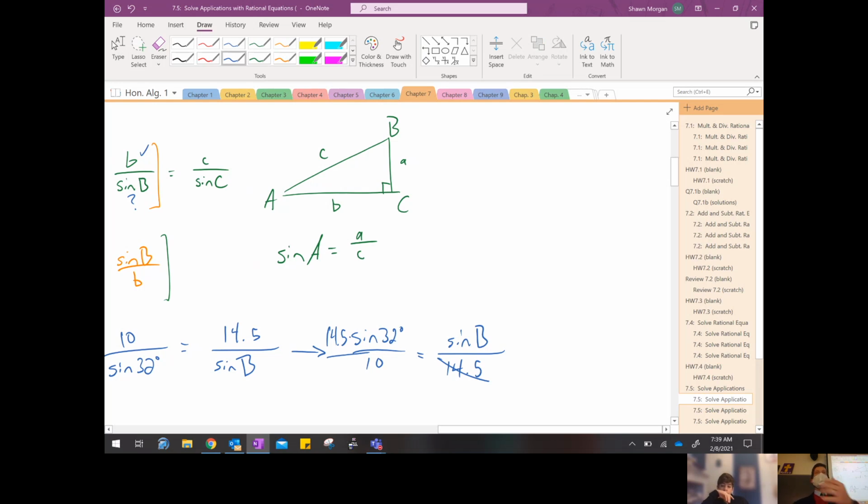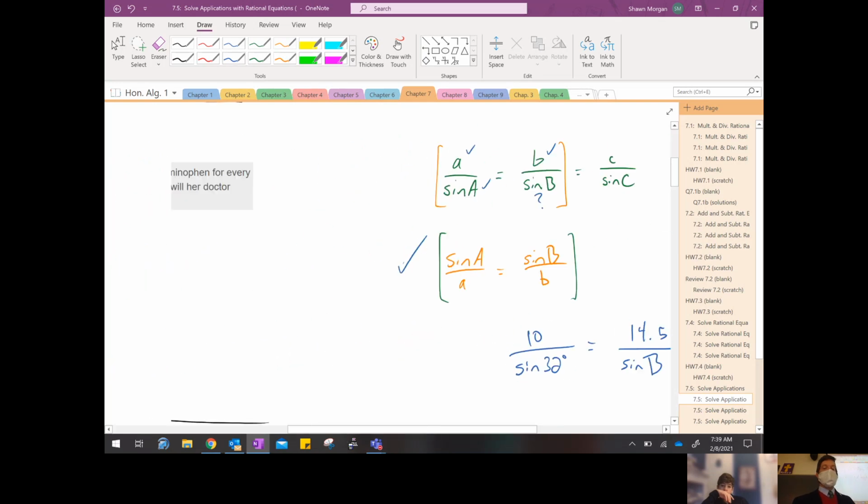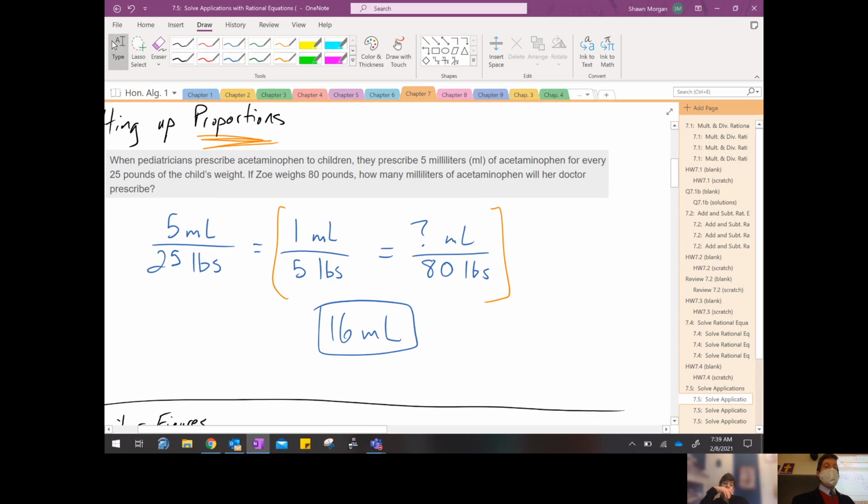So instead of cross multiplying, sometimes it's more advantageous just to multiply by the denominator of the side that's got your variable in it. Like over here, back where we were dealing with the medication, right? If I just had this as X, and we'll simplify this out, we'll get rid of all the units.